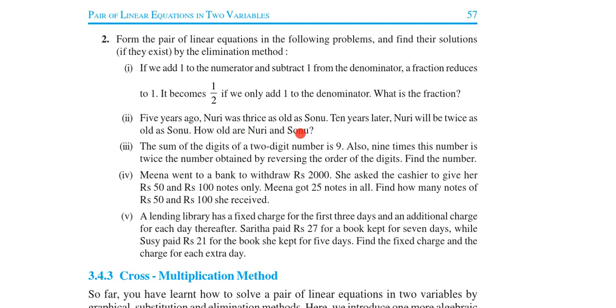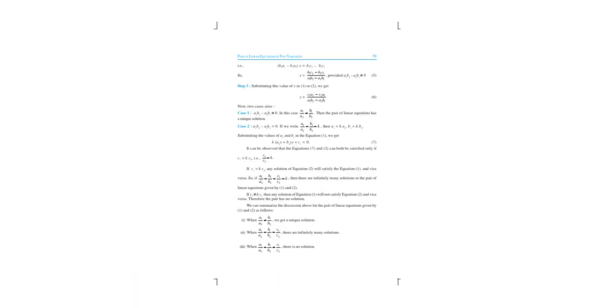So there are two persons, Noori and Sonu. 5 years ago, Noori was three times as old as Sonu, but 10 years later she will be twice as old as Sonu. So for their ages, I have to consider the present ages of Noori and Sonu as x and y. That's the first statement we'll do.